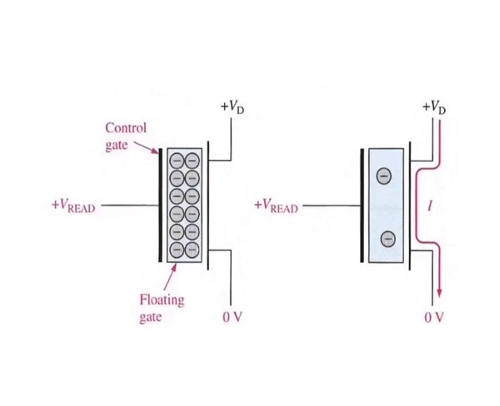If a 0 is stored, the transistor will not turn on because the control gate voltage is not sufficient to overcome the negative charge stored in the floating gate. Think of the charge on the floating gate as a voltage source that opposes the voltage applied to the control gate during a read operation.